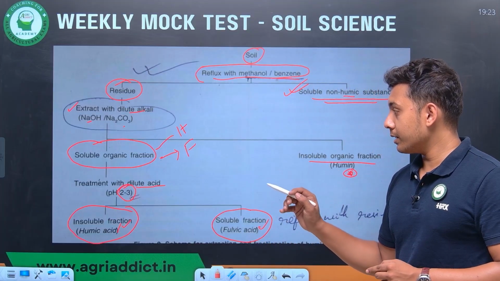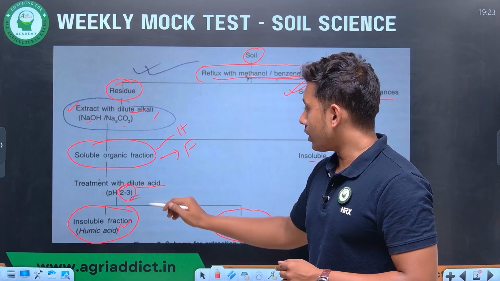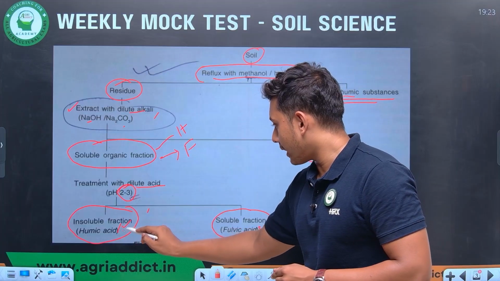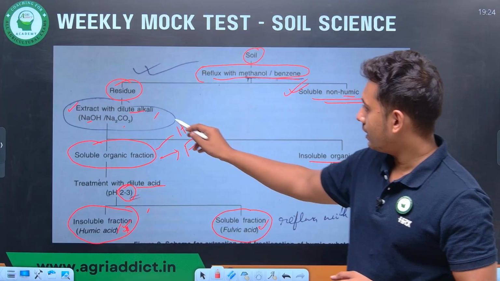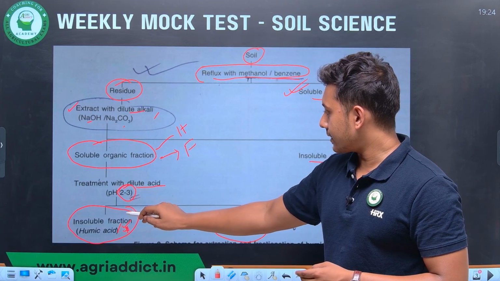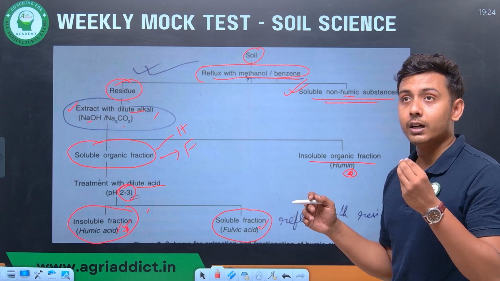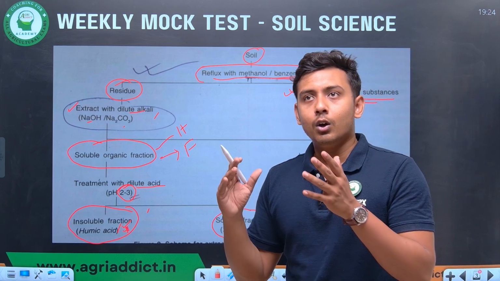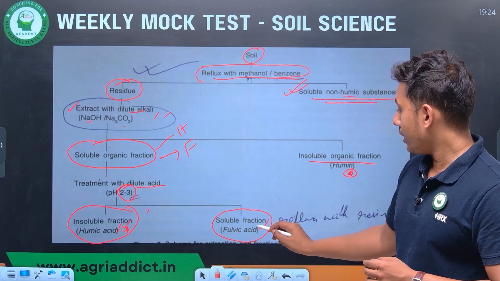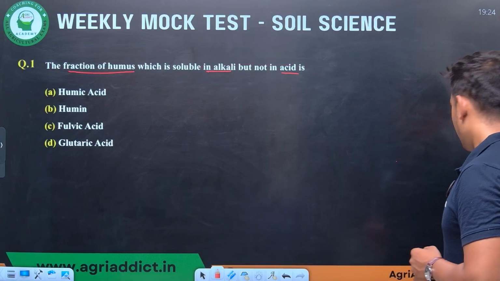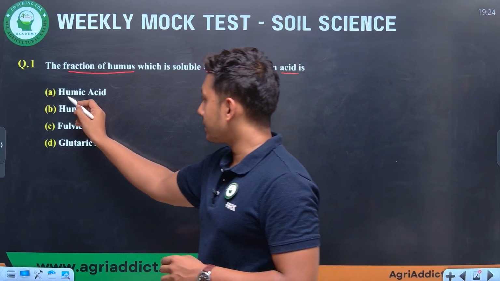So the question was, what is soluble in alkali but insoluble in acid? Humic acid will be the answer, because it is soluble in alkali but insoluble in dilute acid. And if the question asks which fraction is soluble in both alkali and acid, the answer would be fulvic acid.